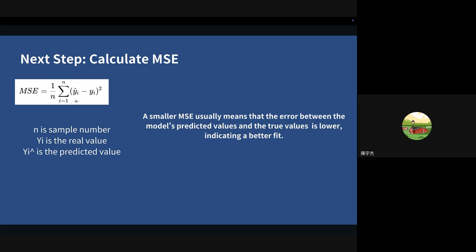A smaller MSE usually means the error between the model's predicted value and the true value is low. It indicates a better fit. The model is good enough.